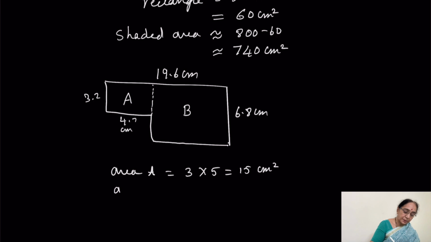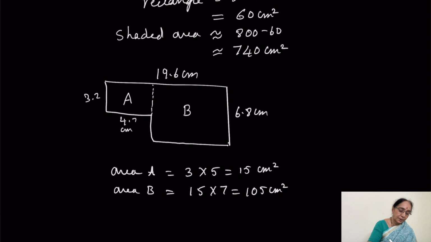And area B can be estimated as, what would be the length? 19.6 minus 4. Maybe we can take it as 14.6, and that would be around 15 centimeters, and the width is roughly 7. So it's going to be 105 centimeters squared.